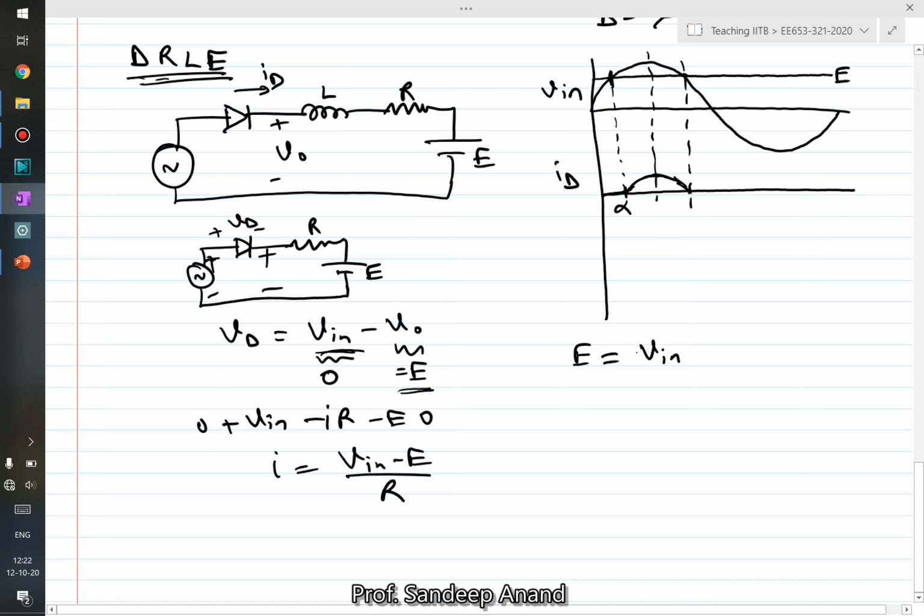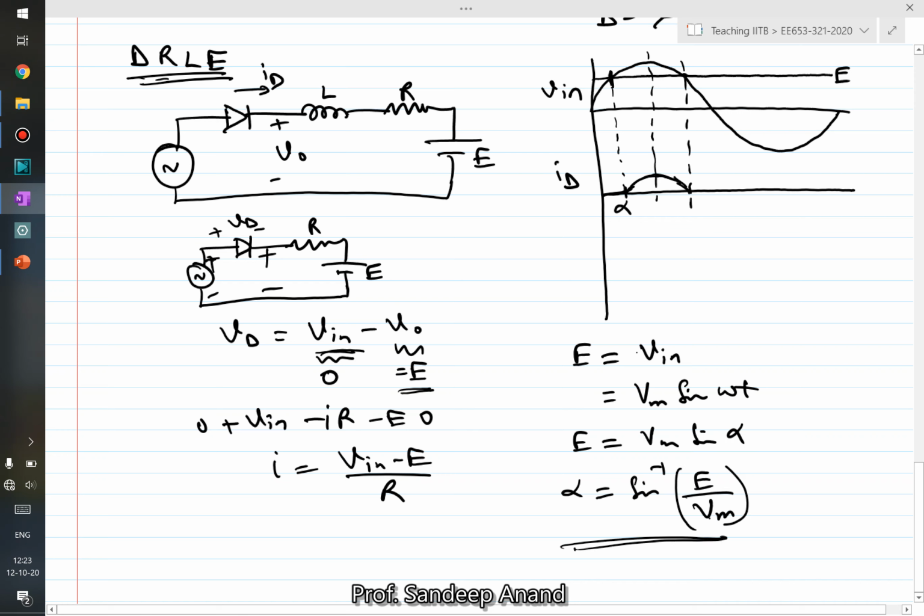Let's say Vin is Vm sine omega t, and therefore E equals Vm sine of alpha, and alpha is equal to sine inverse of E by Vm. This is alpha. Similarly, you can see what is beta.